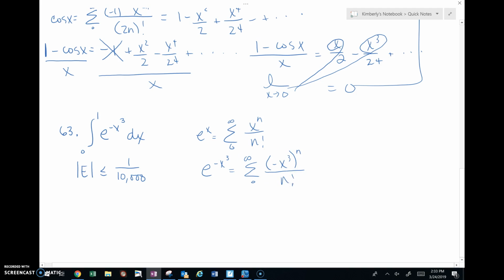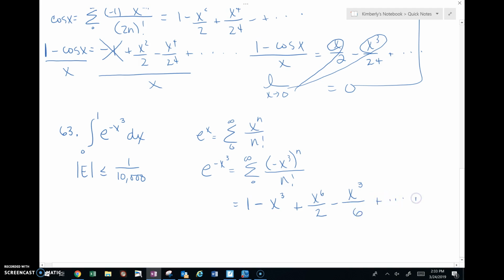Let's write out some terms so we actually have something to take the antiderivative of. When you put in 0, you get 1, and then minus, we put in n equals 1, we get x cubed, and then we get plus x to the 6th over 2 factorial, and then minus x to the 9th over 3 factorial plus dot, dot, dot.